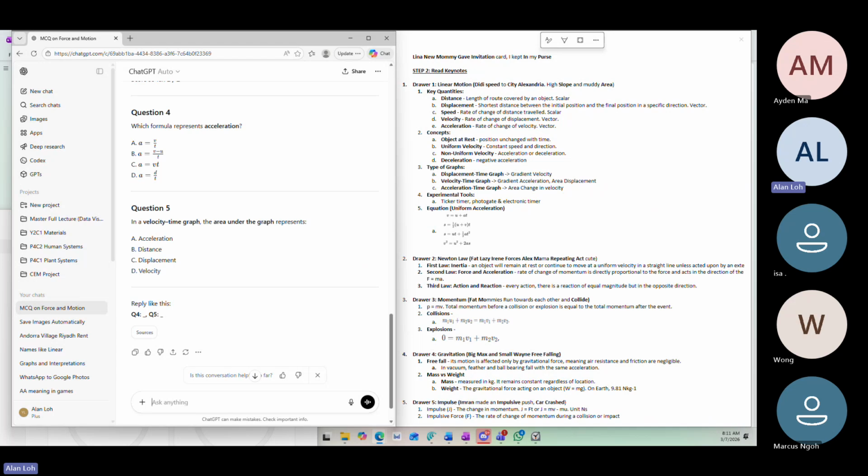Which formula represents acceleration? Why is it still in drawer 1? Both are still in drawer 1. But I did not control the type of questions because it is done randomly by the AI.